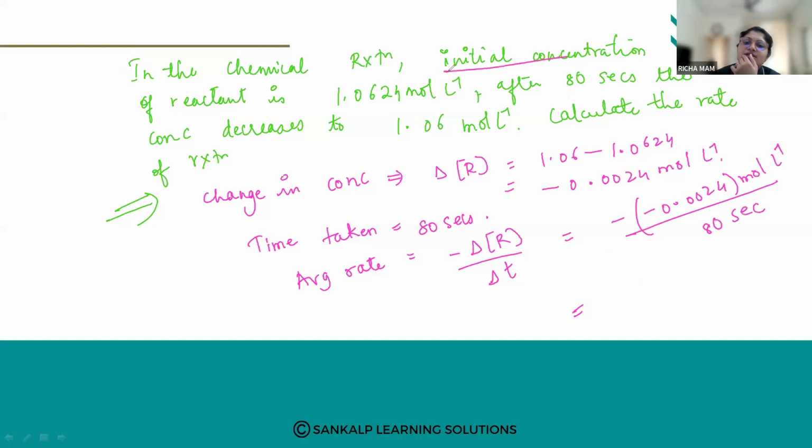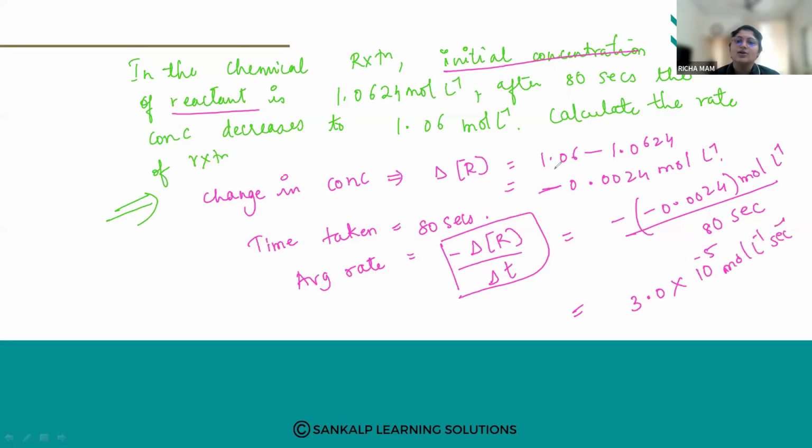Here only the initial concentration of reactant is given, so we are calculating only for the reactant. How much are you getting? It will be 3 into 10 raised to minus 5 mole per liter per second.